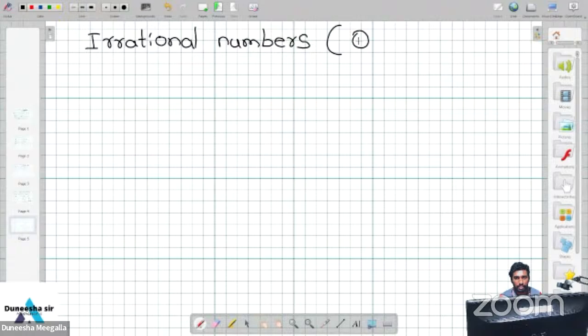Irrational numbers, we write the symbol Q dash, capital Q dash.